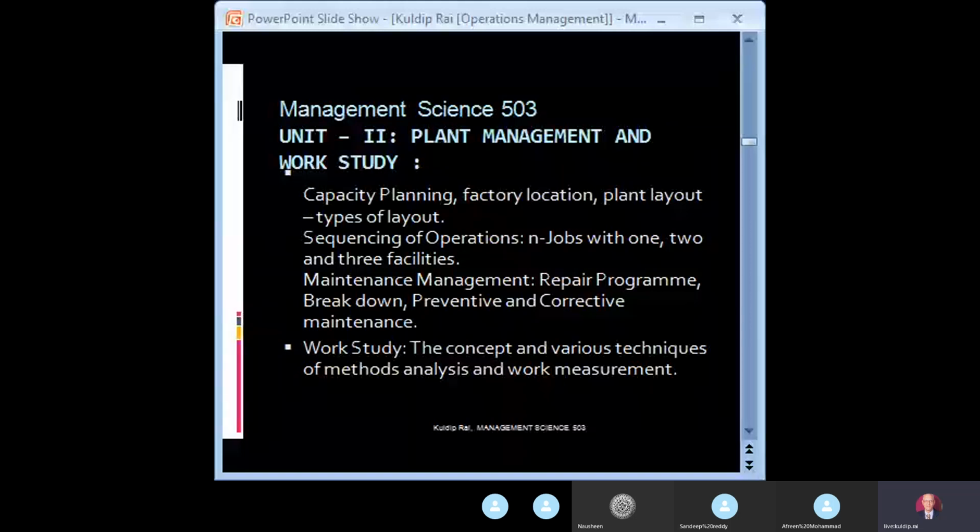So what I have done just now is work measurement. This is the concept. Measuring the amount of work which can be done in one unit of time.